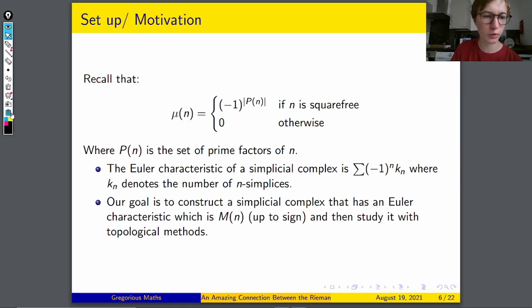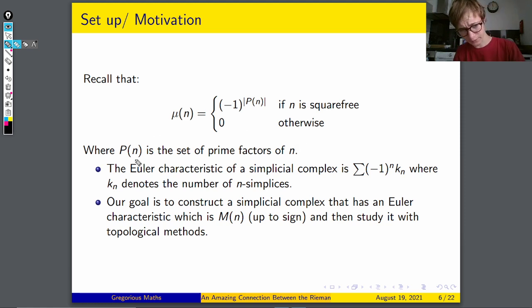So let's just recall the definition of the Mobius function. It's defined as -1 to the cardinality of the set of prime factors of n, if n is square free, so that is not divisible by a perfect square, and it's 0 if n isn't square free.